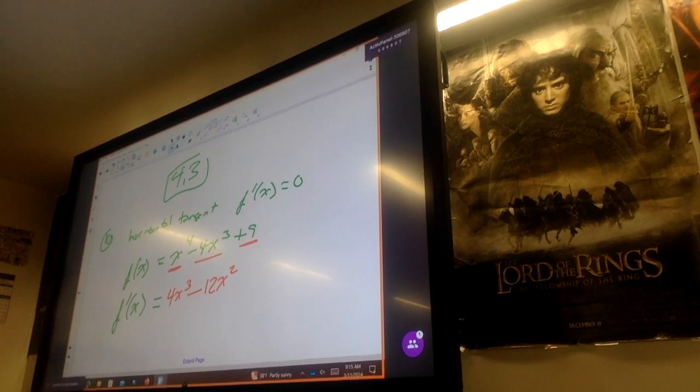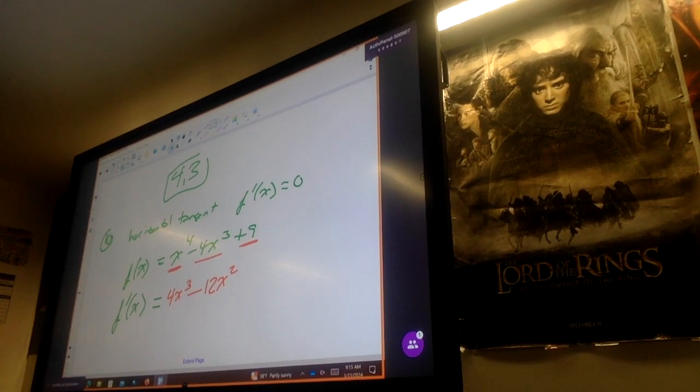Alright. So, now we want to figure out where our horizontal tangents are all equal to 0. Meaning, where do I have a line like this or a line like this? Let's say those are both horizontal. So those are horizontal lines. So what we're going to do is we want to know where this is equal to 0.